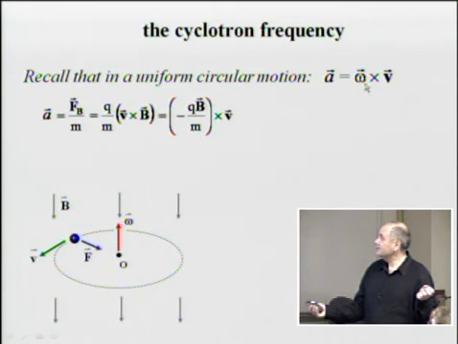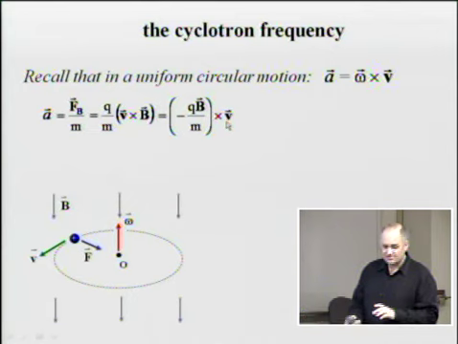Here is a certain vector. I know that in a uniform circular motion, the first factor is angular velocity. We multiply angular velocity by velocity to get acceleration. Here I have acceleration is equal to certain vector multiplied by velocity.